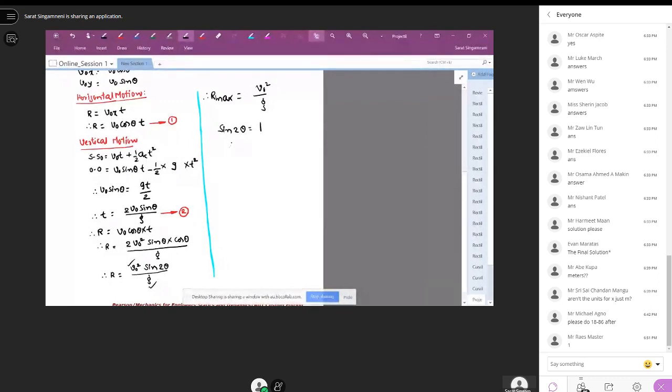That means 2 theta must be equal to 90 degrees, because sine 90 is 1. That means theta is equal to 45 degrees. So in other words, whatever velocity with which you throw that stone, if you throw it at 45 degrees to the horizontal, you will cover the maximum distance.